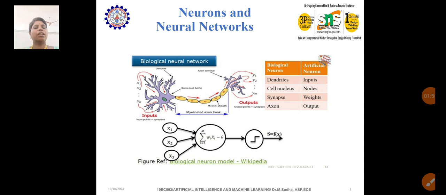Here the dendrites we make as input, the cell nucleus we call a node, synapses are known as weights, and the axon is called the output. This is how the machine will understand, as we humans feed knowledge about the human brain and neurons to the machine.